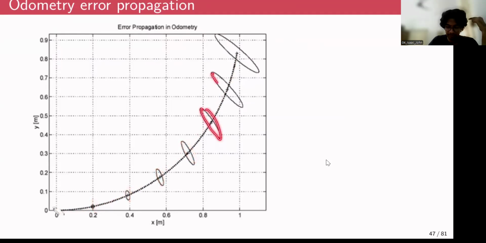The size of this ellipse depicts the uncertainties along each of these directions. As you can see, along the direction of motion, the uncertainty is much lesser than the uncertainty along a direction perpendicular to the direction of motion.